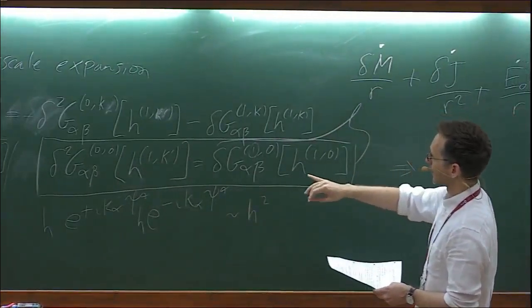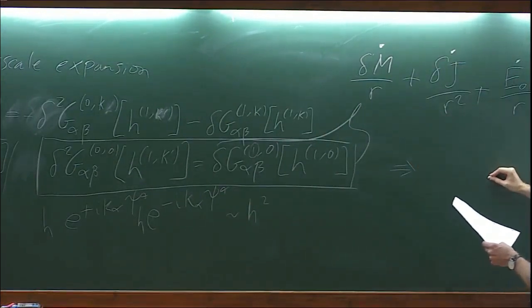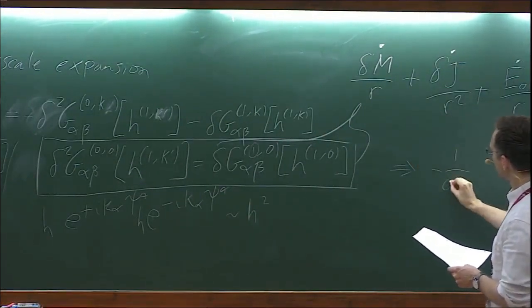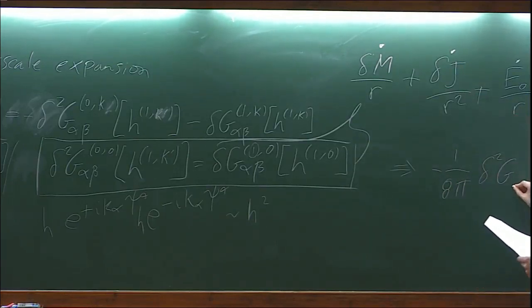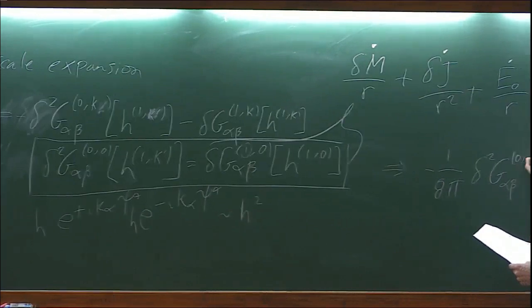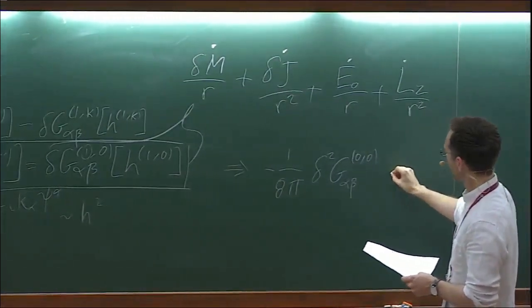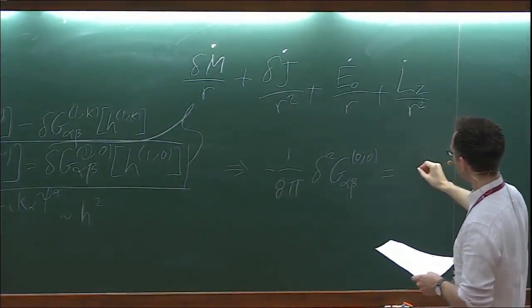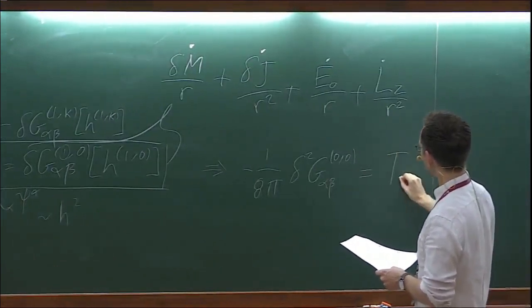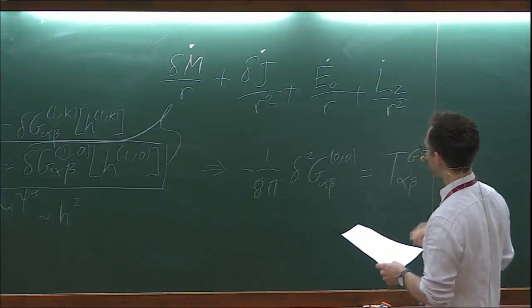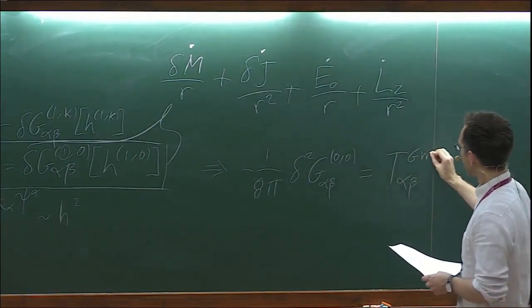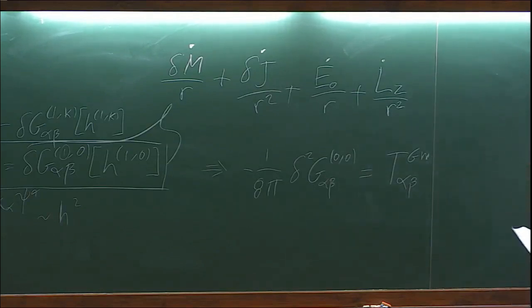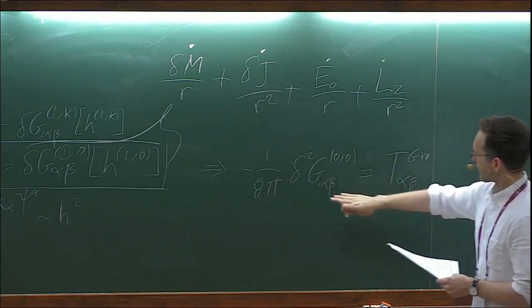So getting a bit more specific, a bit more precise, we're going to say that 1 over 8 pi times delta squared g alpha beta 0, 0, that this quantity is the effective stress energy tensor of the gravitational waves, almost. Actually, no, in totality, this is the full thing. What's another way to write this?